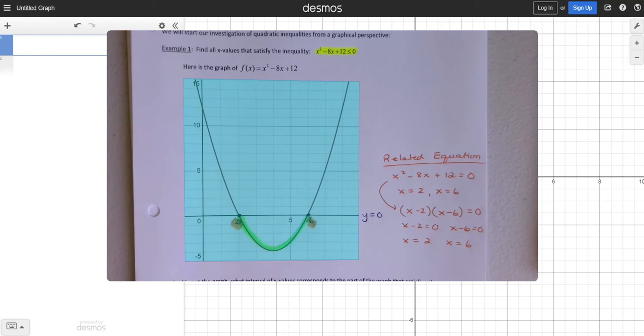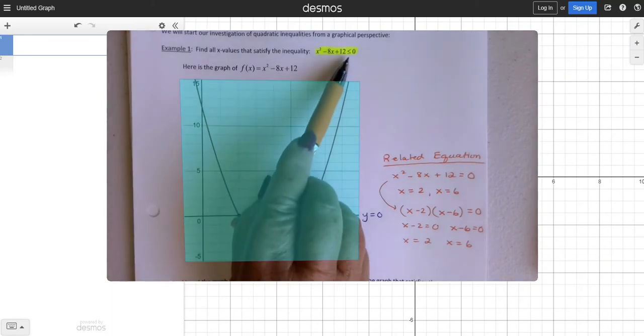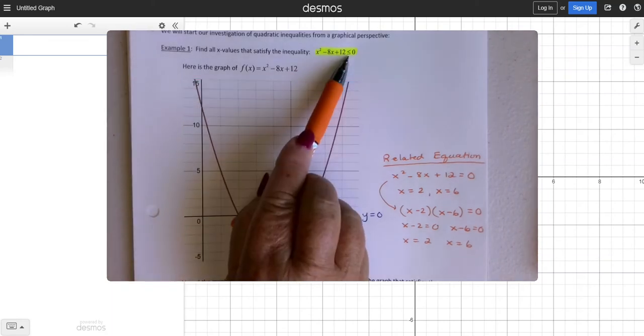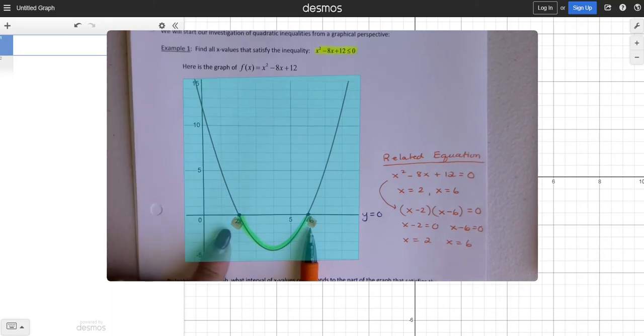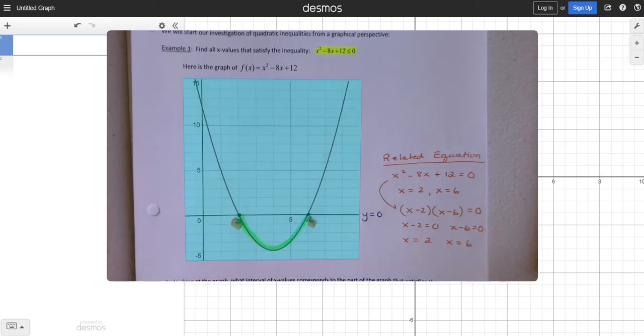The next part of the issue, though, is how do I know, once I find the 2 and the 6, where my function is actually less than or equal to 0, as opposed to perhaps greater than 0? In order to do that, I'm going to notice that the 2 and the 6 basically split my graph up into 3 sections.